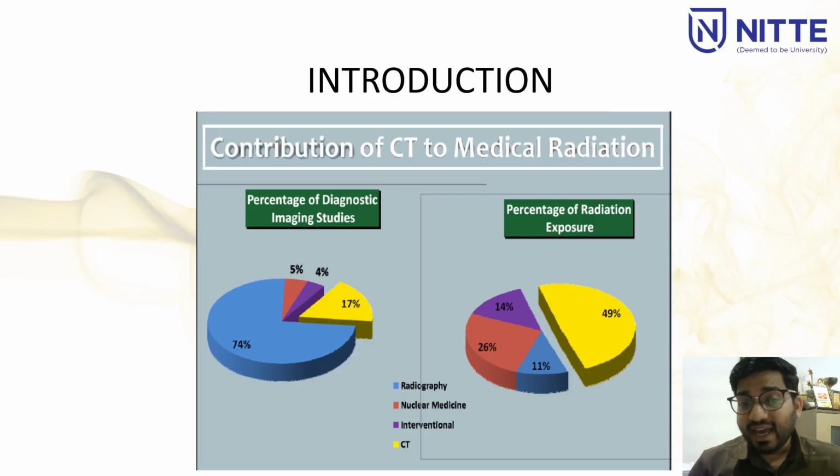But on the other hand, you can see the percentage of radiation exposure. Nearly 50% is coming from the CT scan, and it is 14, 26 and 11 respectively for interventional radiology, nuclear medicine and radiography. That is the difference you can see between the investigations happening and the radiation coming out.